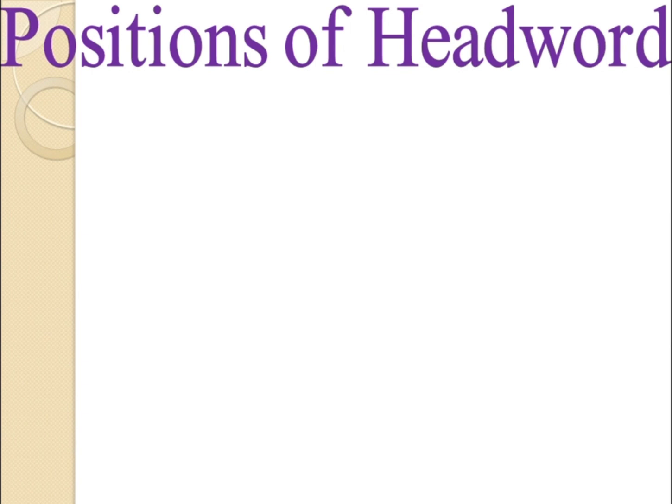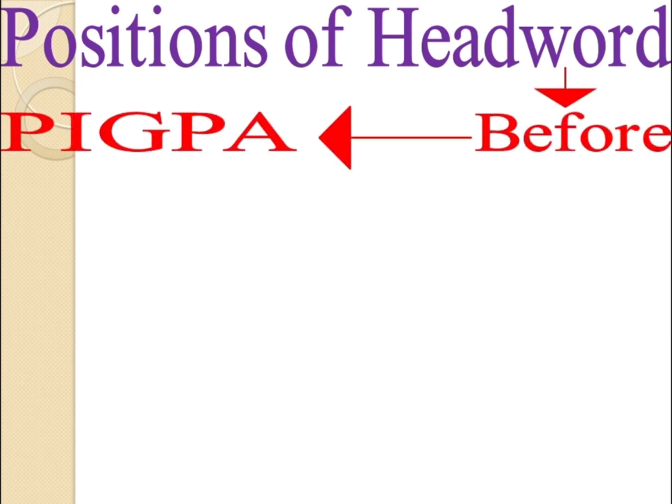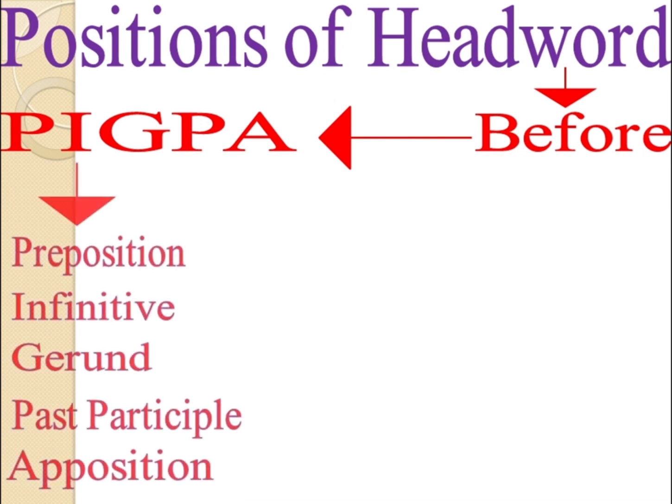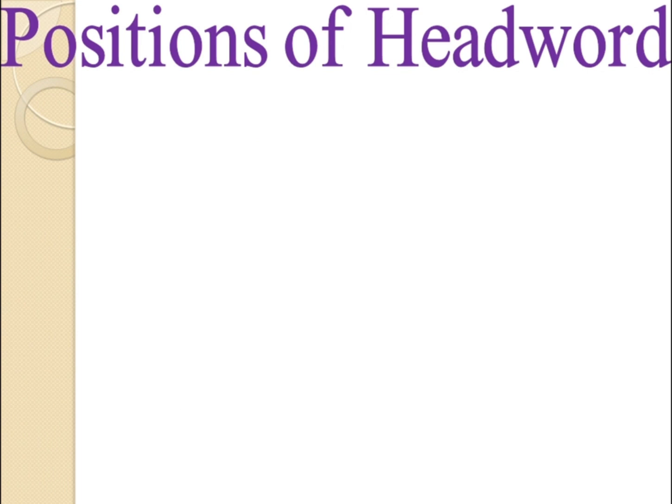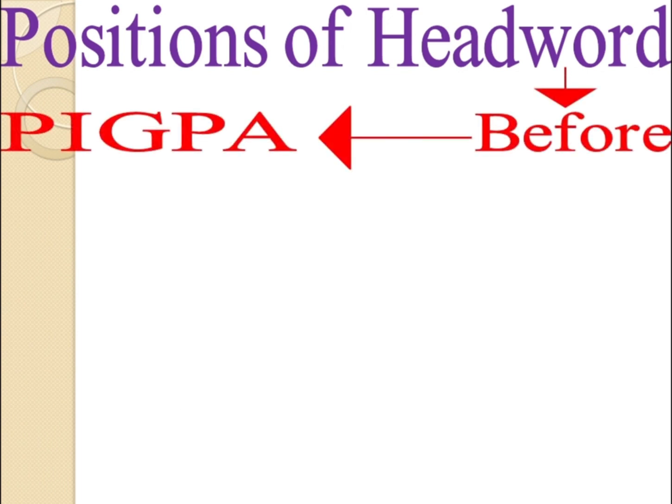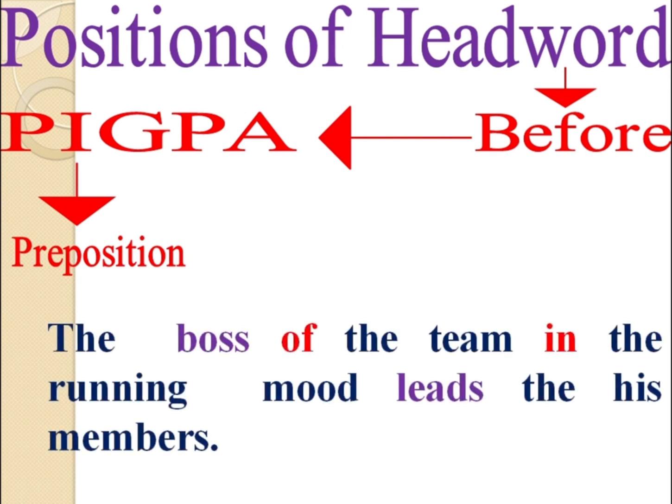So, positions of headword before PIG-PAF. Here, PIG-PAF means preposition, infinitive, gerund, past participle, and apposition. Preposition: the boss of the team in the running mood lists his team members.